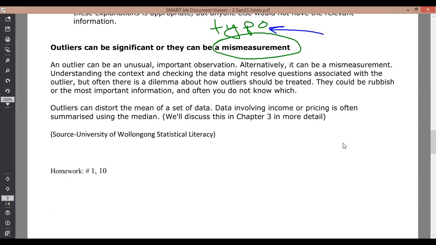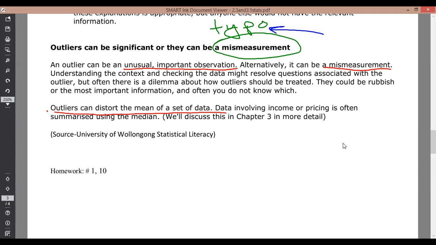An outlier could be an unusual, important observation. Alternatively, it could be a mismeasurement. And again, understanding the context is important for the person studying the data, right? Do you throw the data out, or what do you do with it? That type of deal. Now, one thing outliers also do is they distort the mean of a data set.